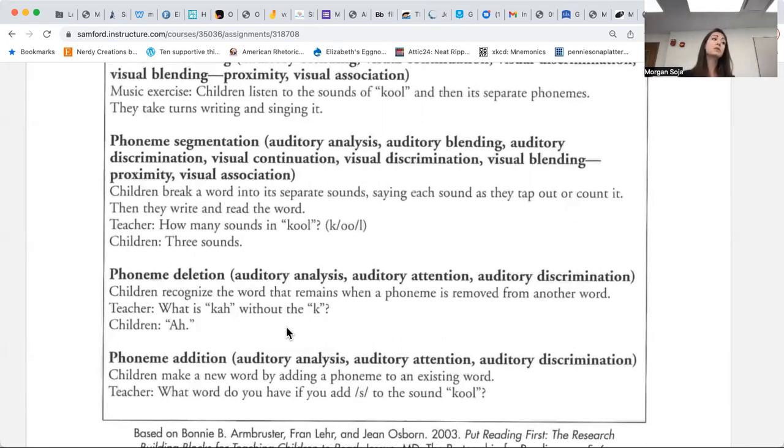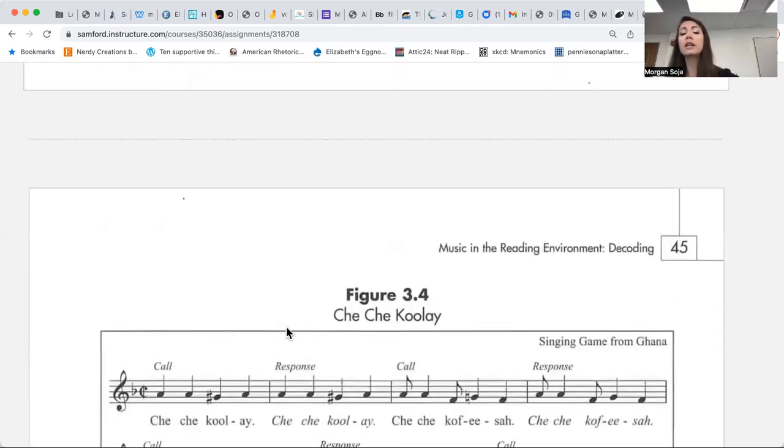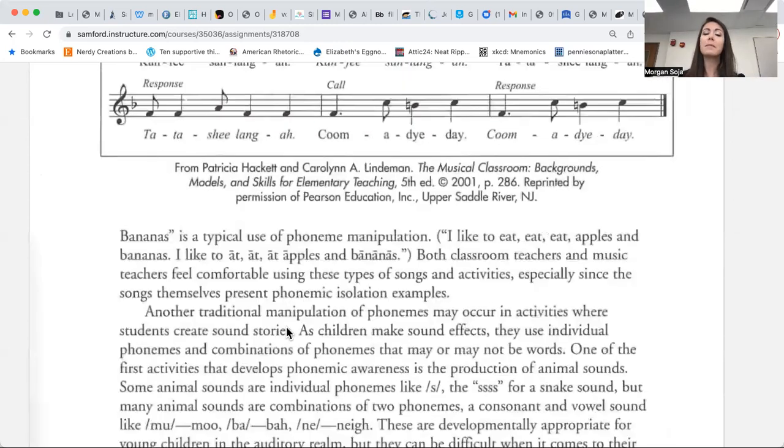In instrumental music, we don't get as many. We get vocabulary words, but we don't have a repertoire of songs that necessarily have words to them unless we're playing a folk song and we want the students to know the text. So we can do it, but it doesn't come as naturally.